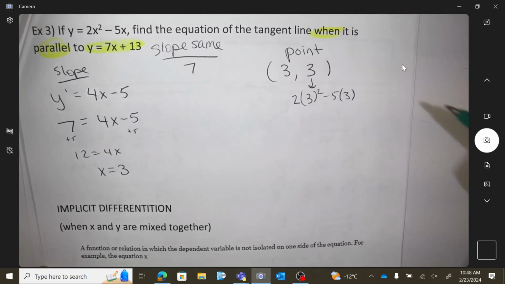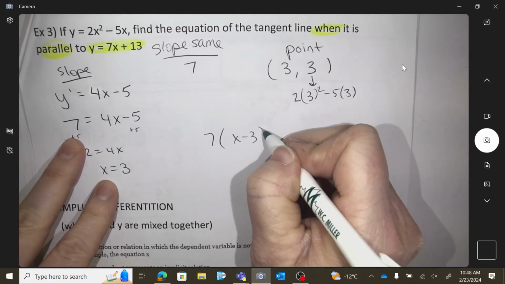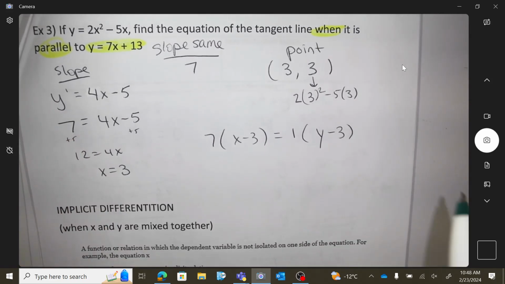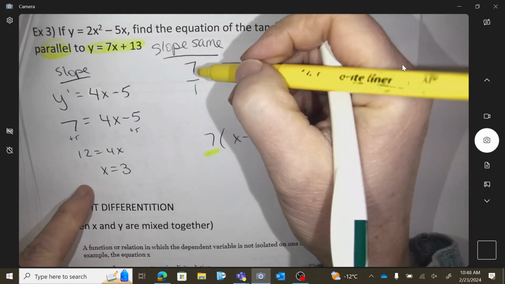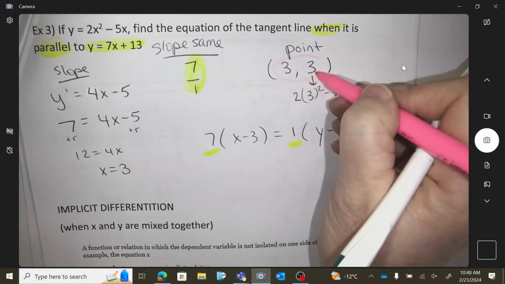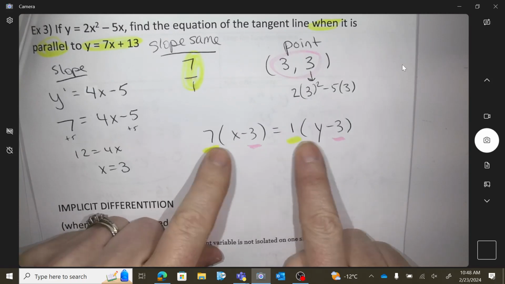Is that just 3? Okay, so then you can see me filling into the equation. 7/1 is the slope, coordinate.